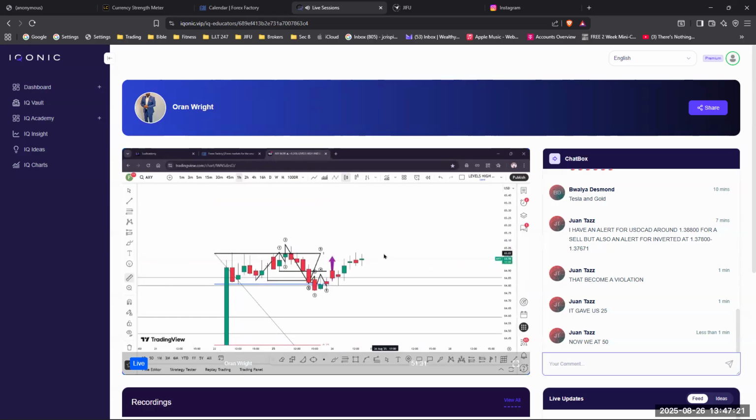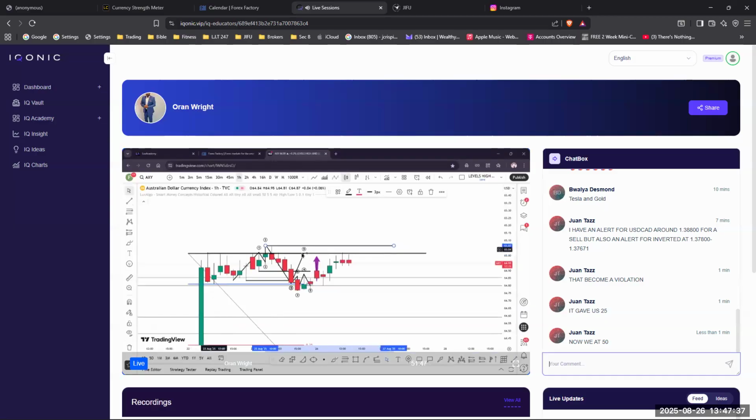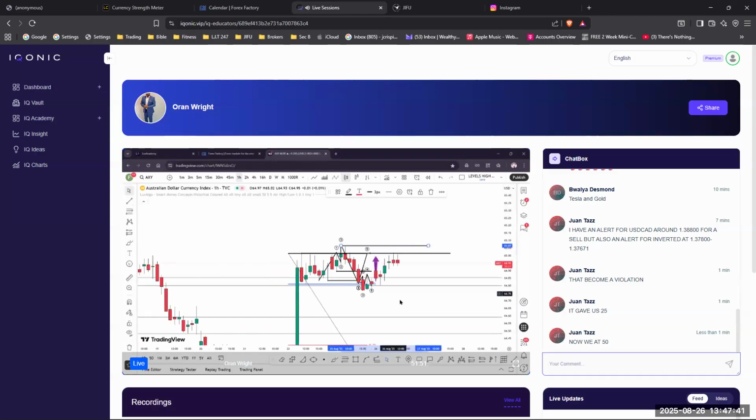Okay? A 100% pullback is a reversal. So now, we know that the Australian dollar has news. We also have a level here. Stop losses are above this zone here. So as you can see, the market is reacting in this area here now.